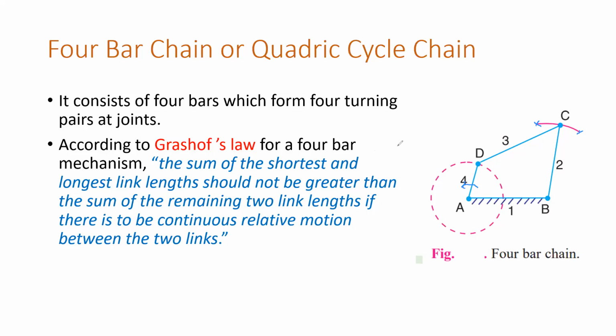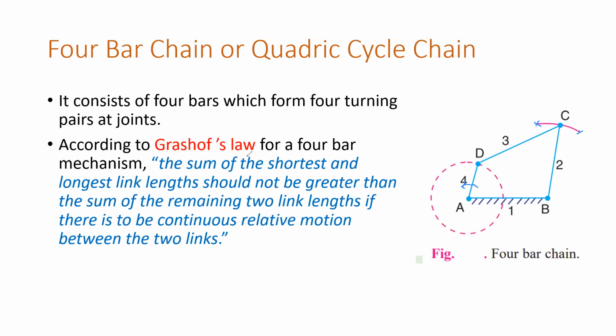Now there is one law which is known as Grashof's law. When this law is satisfied, then it is possible that any one link will make a complete rotation, or there will be continuous relative motion between two links. This law is with respect to the lengths of the different links in the 4 bar.